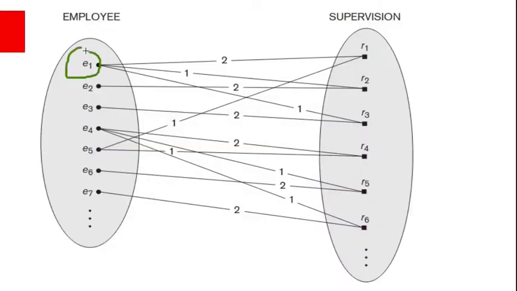See here, employee E1 is supervisor for employee E2, and he is also supervisor for employee E3. Here 1 means supervisor and 2 means supervisee, that means subordinate. And the same employee E1 is subordinate for employee E5, but he is boss for E2 and E3. Here 1 means supervisor, 2 means supervisee or subordinate.